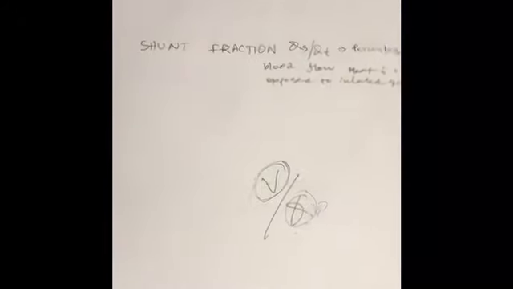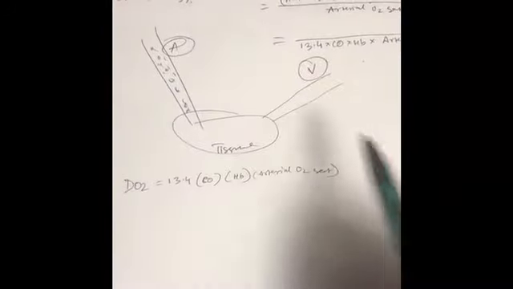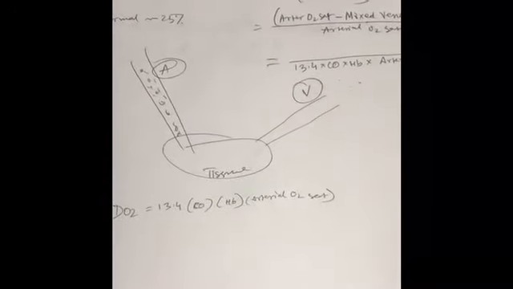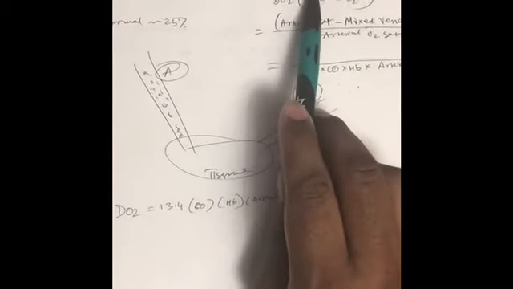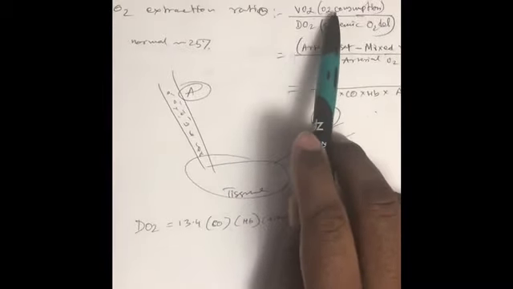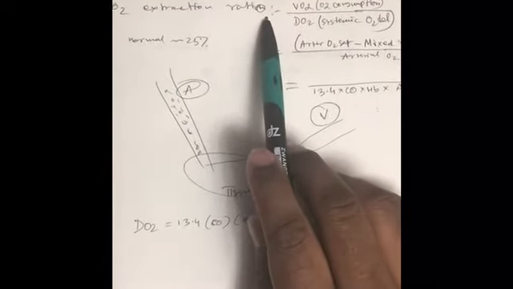So how can we increase the perfusion to maintain an optimum oxygen extraction ratio? First, in this formula, we can see oxygen consumption, VO2. Oxygen consumption is proportional to the oxygen extraction ratio.